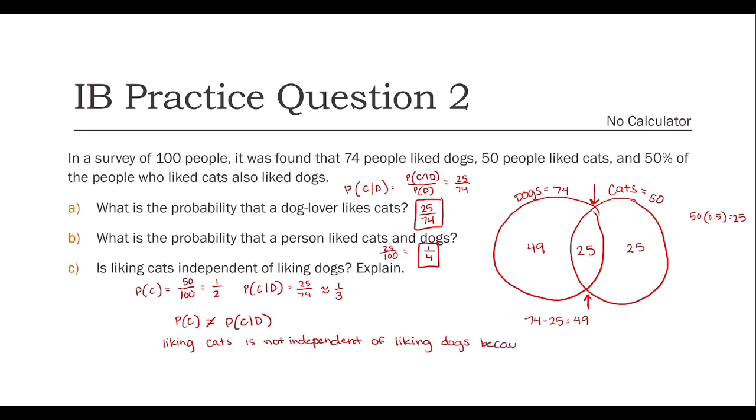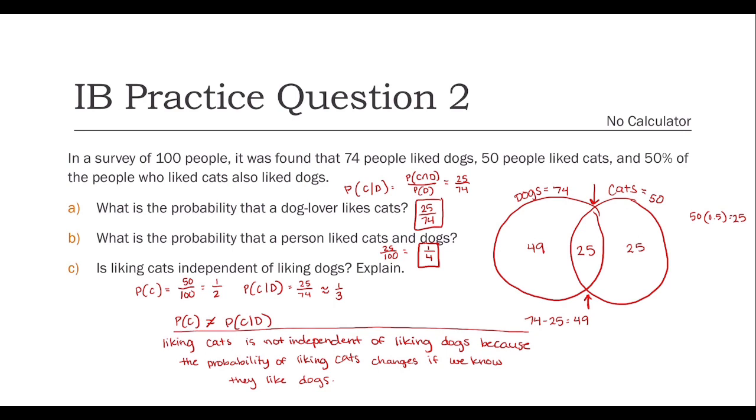Because the probability of liking cats changes if we know they like dogs. So that's it for that question.